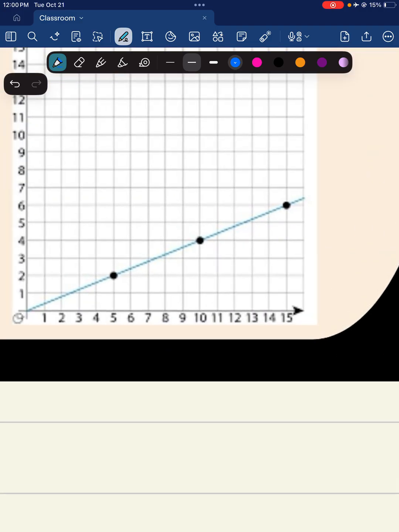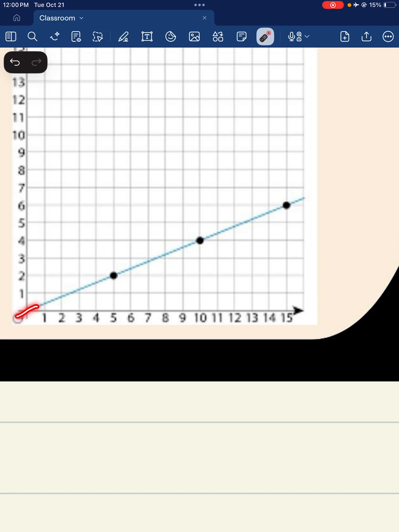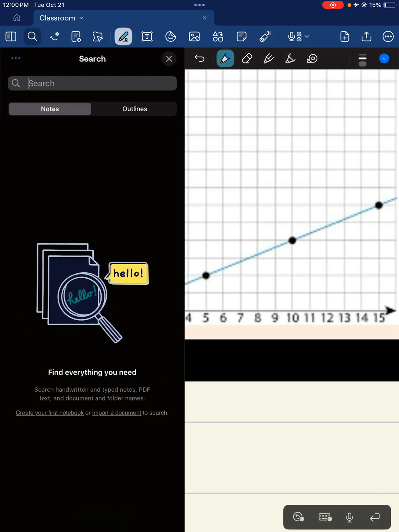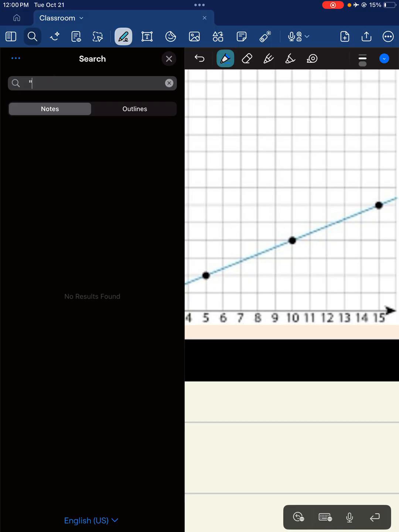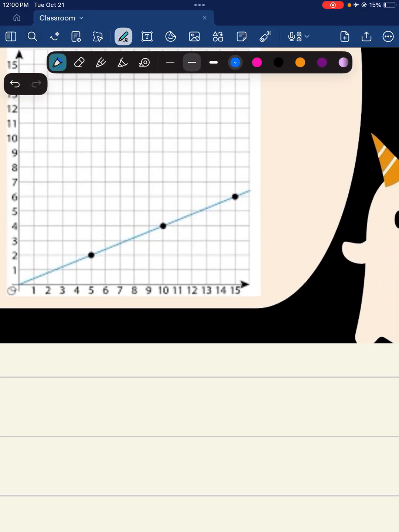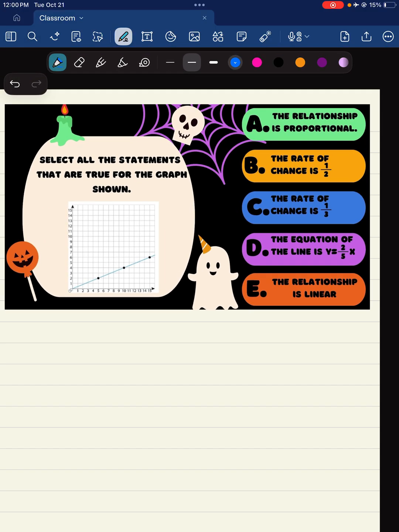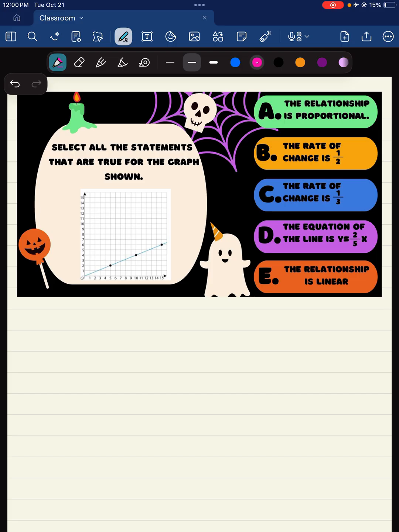So looking here, does this line go through the origin? Yes, it does. So we are going to say this is proportional, so A would be a correct answer. Then we are going to see if the rate of change is 1/2.